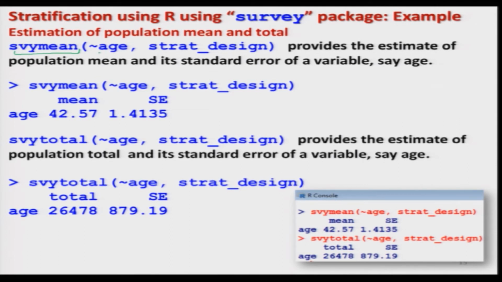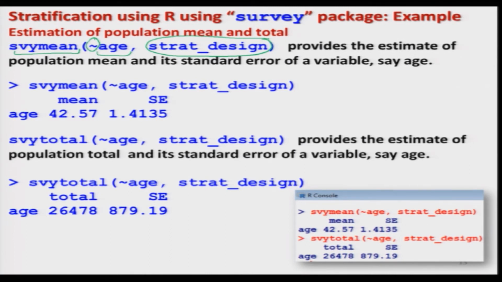So I give here the name of the variable, and remember one thing, in this package the rule is to write the name of the variable using the tilde sign. So you write the name of the variable on which you have drawn the sample, and you would like to find out the arithmetic mean or the stratified mean of the data which has been stored in the design that you have obtained under the name strat_design.